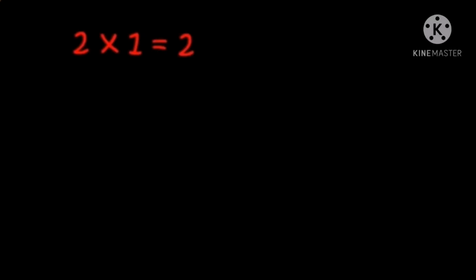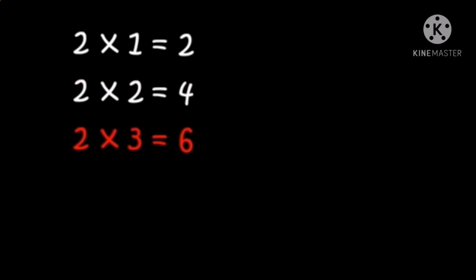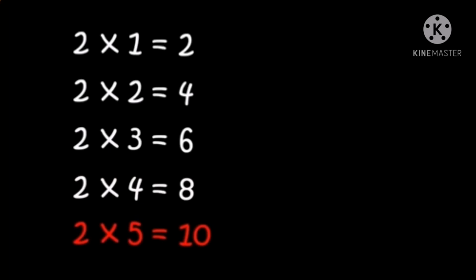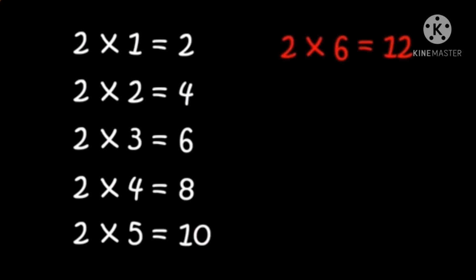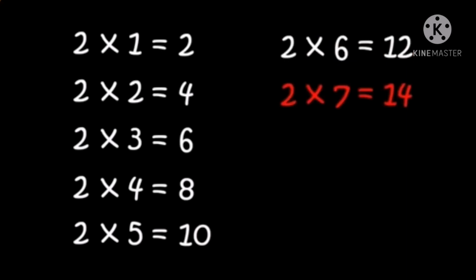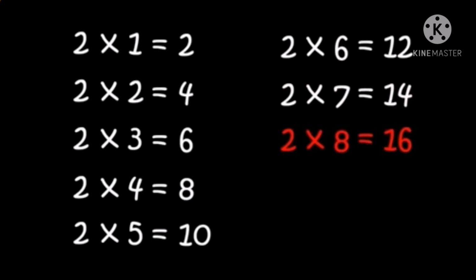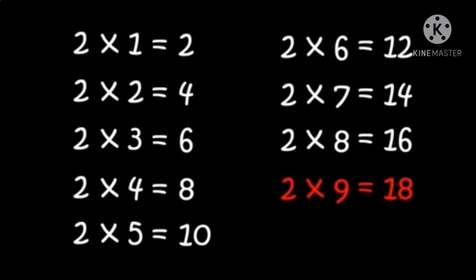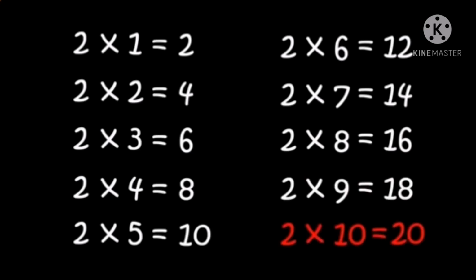Table of 2. 2 times 1 is equal to 2. 2 times 2 is equal to 4. 2 times 3 is equal to 6. 2 times 4 is equal to 8. 2 times 5 is equal to 10. 2 times 6 is equal to 12. 2 times 7 is equal to 14. 2 times 8 is equal to 16. 2 times 9 is equal to 18. And 2 times 10 is equal to 20.